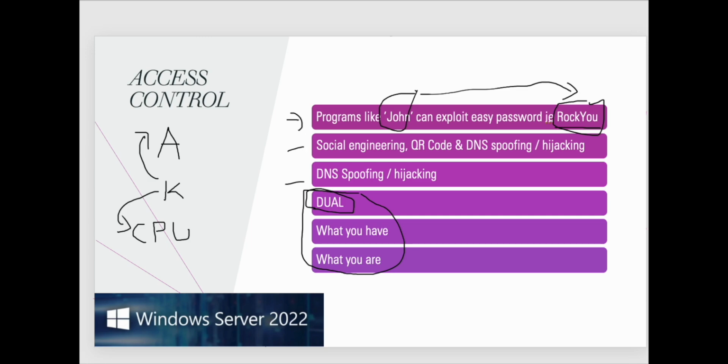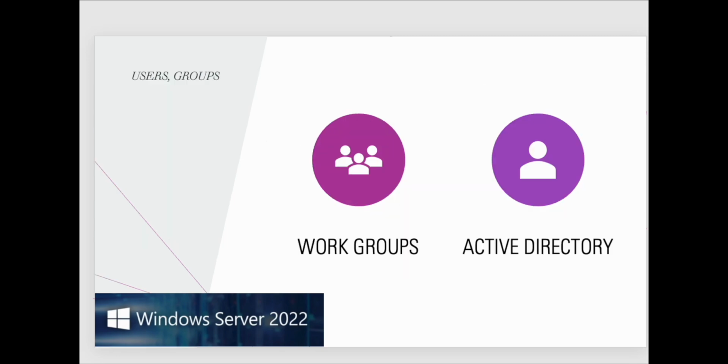Now let's take a look at the work groups and Active Directory. Well, a work group is a series of independent PCs utilizing peer-to-peer. So, for example, in one LAN, meaning connected by a local switch, you can have a PC, laptop, printer, and a couple more PCs, as I said, on the same LAN.